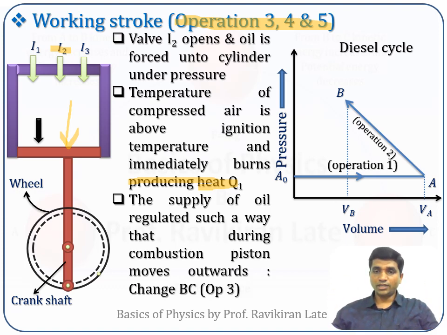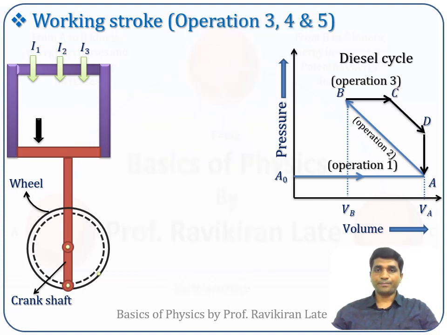In this case, oil is the fuel and air is the working substance in a diesel engine. The change is denoted by BC, which you can see from this, B to C, and the volume of the mixture inside the cylinder increases from VB to VC.